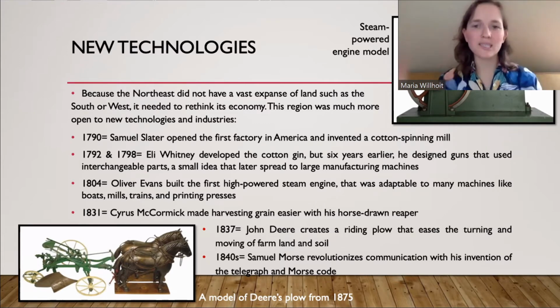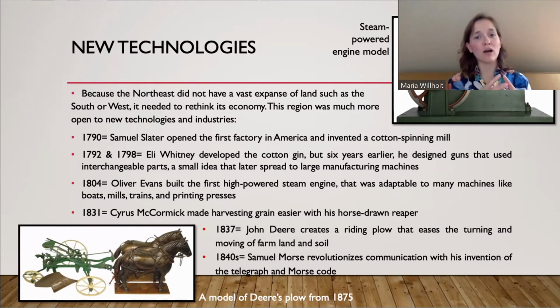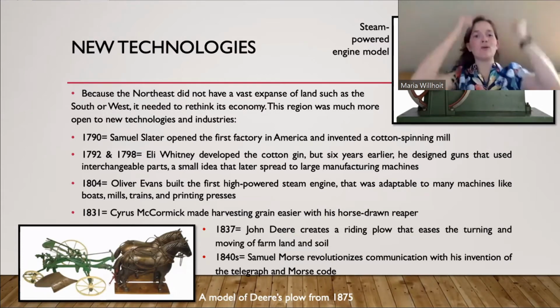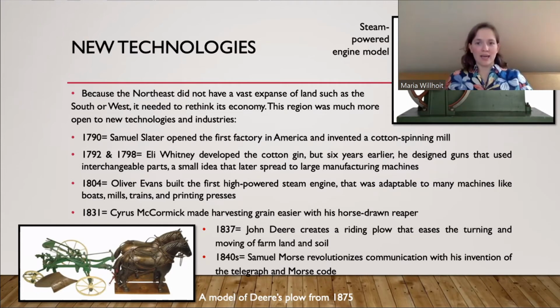Unlike the South and the West, which have a lot of land to settle and to grow, the Northeast is kind of crowded and doesn't have a lot of land. So it's going to focus its economy and its economic wealth on technologies and industries. So we have some very important technologies and industries that occur.